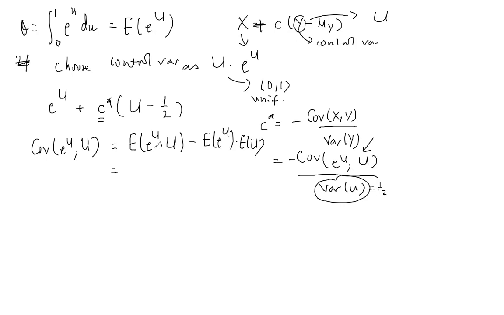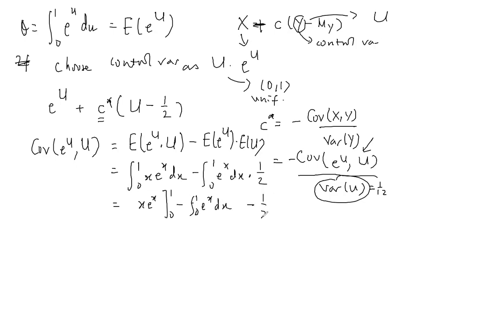This one here is basically the integral from 0 to 1 of x e^x dx, minus the integral from 0 to 1 of e^x dx times 1/2. For this part we use integration by parts. Minus 1/2 times (e minus 1).